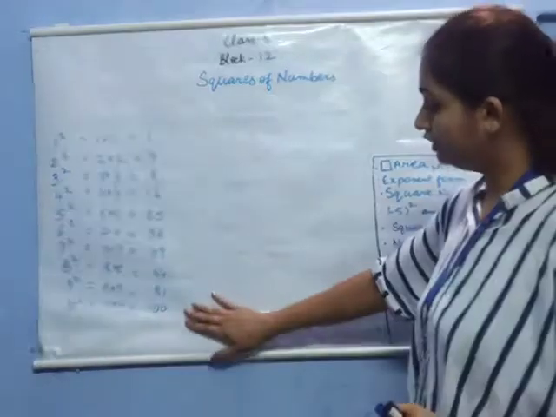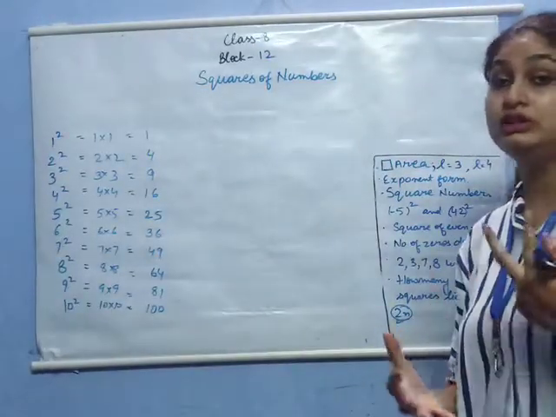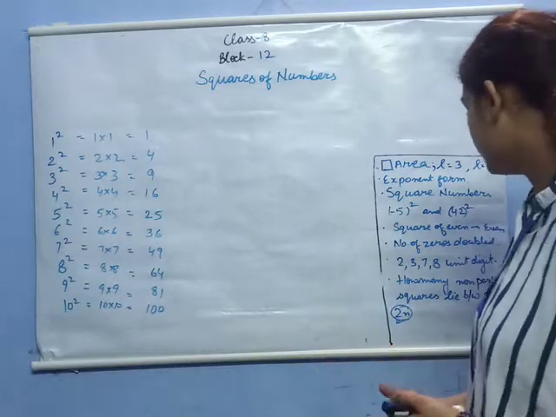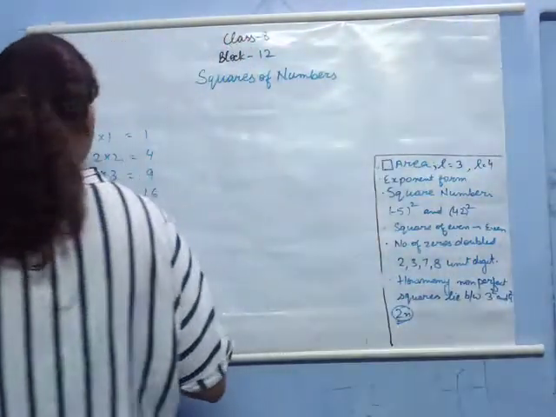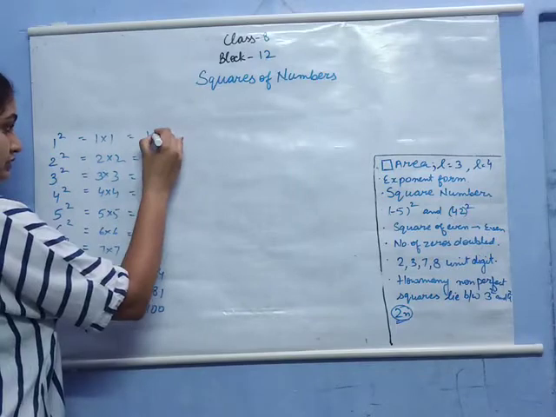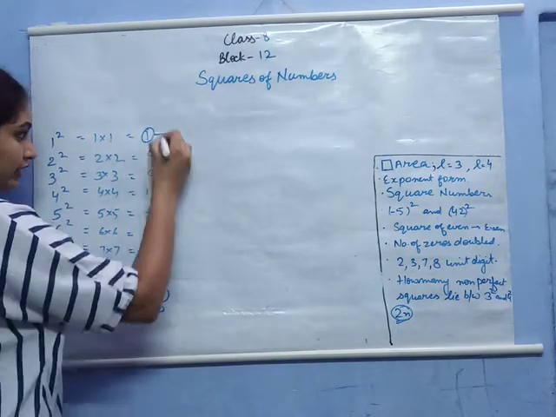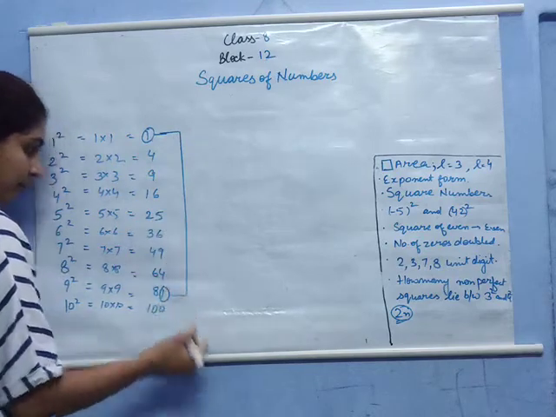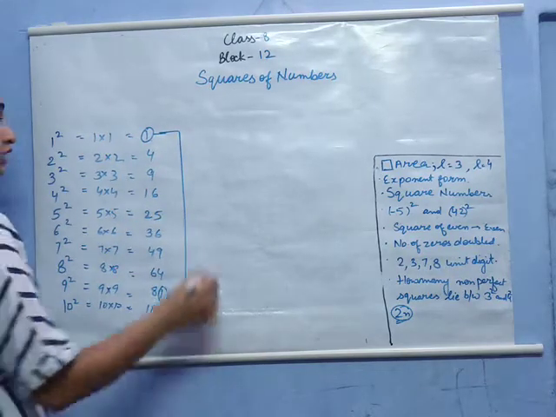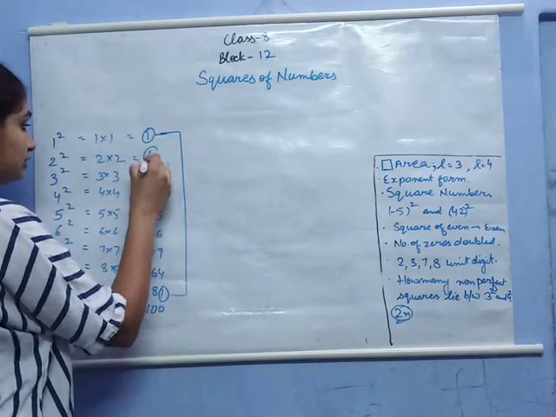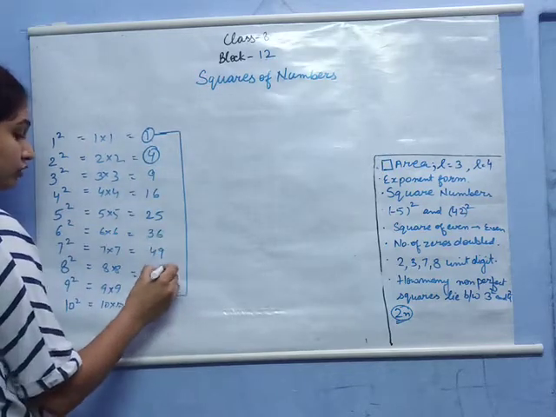Now have a look over here. There are a few more interesting things which we should know about it, right? Here comes the unit digit 1 and here also the unit digit 1, right? Here the unit digit is 4. Here also the unit digit is 4.